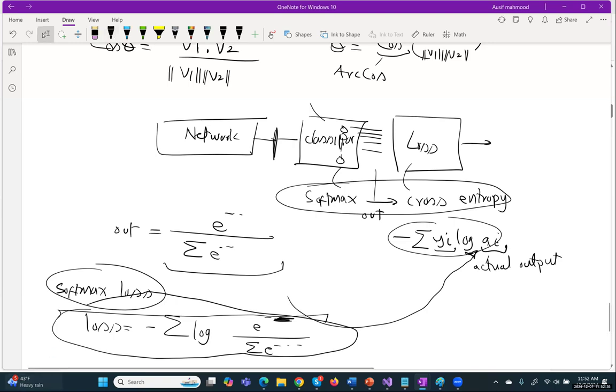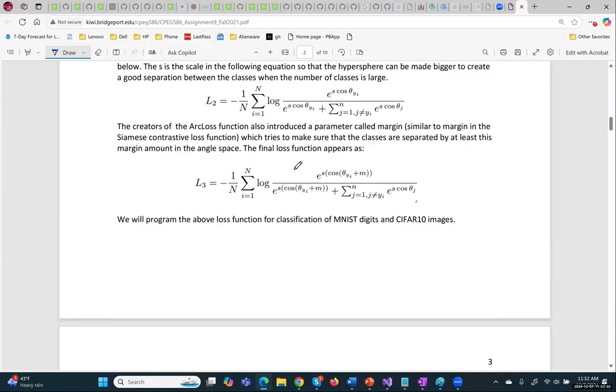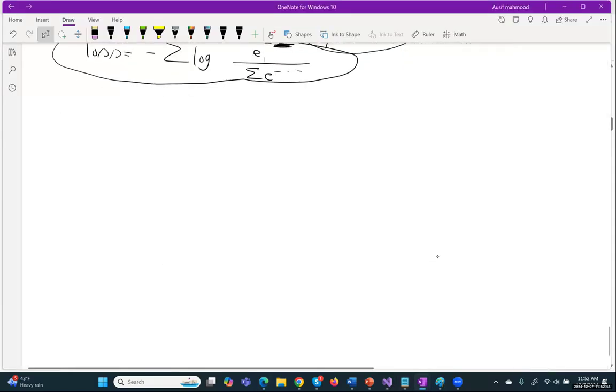So if we go back now and take a look over here, suppose we have some network. We have some latent space over here, right?